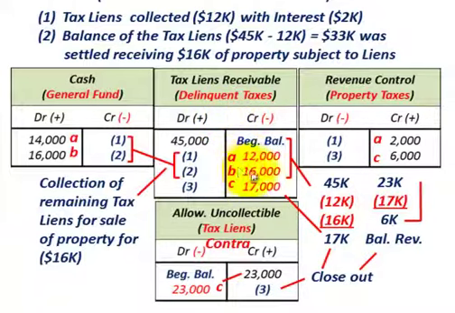And then remember, we had to close it out. Whatever balance was sitting in our tax liens receivable, we had to close that out, and we also had to close out any allowance for uncollectible tax liens that we had against our receivables. We had to close that out because there was an imbalance. In this case, our receivables were less than our allowance for uncollectibles. Therefore, we had an increase in our revenue, in this case by $6,000.